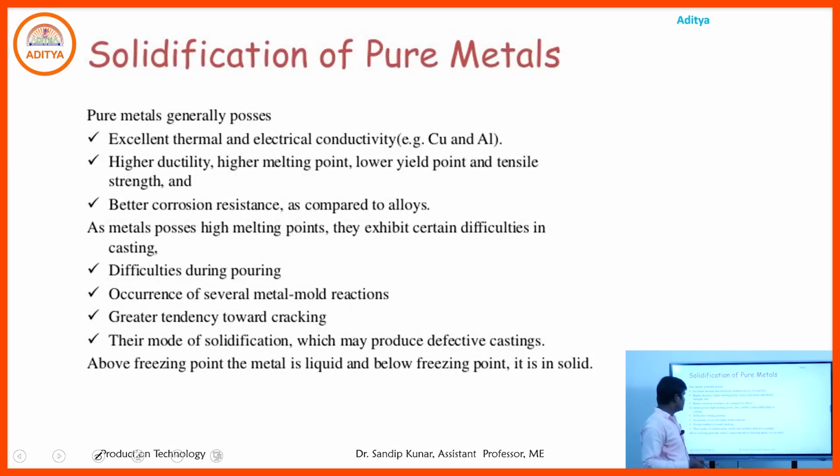Solidification of pure metals. In that case we know that pure metals generally possess excellent thermal conductivity and excellent electrical conductivity. These metals also have higher ductility, higher melting point, lower yield point, and lower tensile strength.